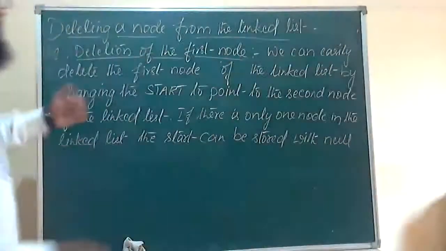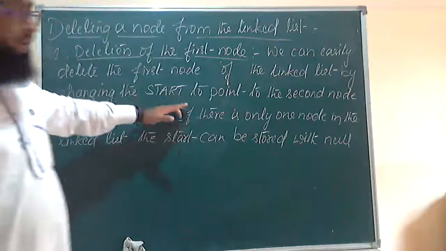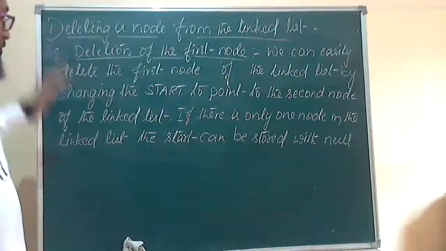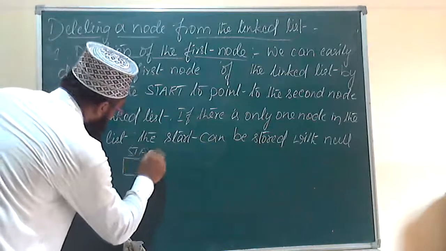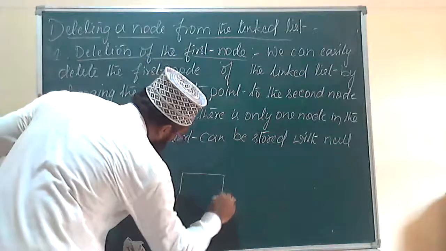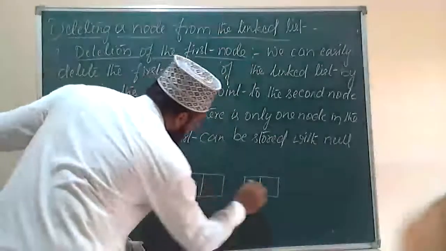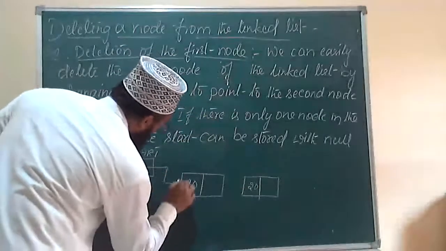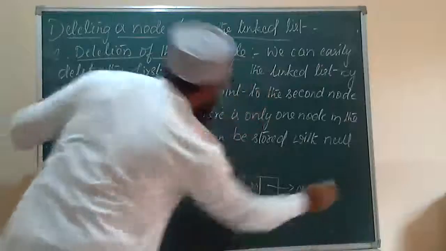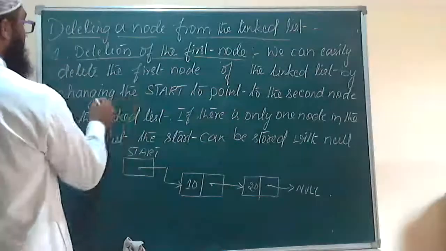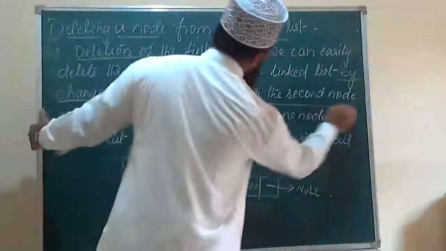Okay, listen here. We can easily delete the first node of the linked list by just changing the start to point to the second node. Think we are having a linked list with start, which is having two nodes, 10, 20. How can we easily delete the first node? By changing the start to point to the second node.